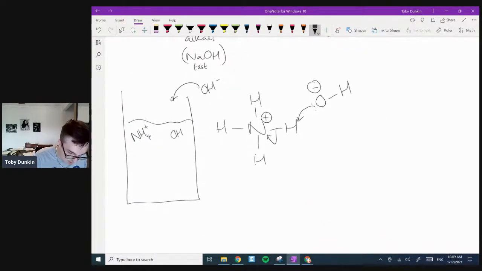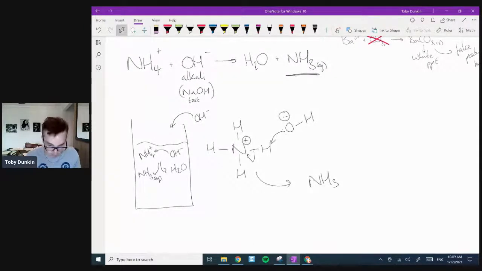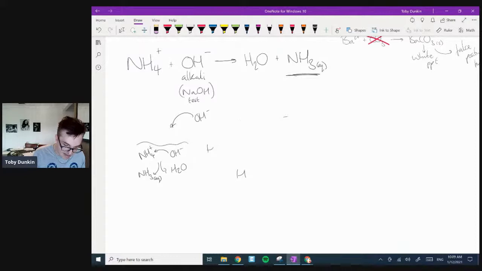So the OH minus ion goes to the H and rips it off, turning into H2O, and this is left as ammonia. Now, the ammonia, of course, is still in the water. It's aqueous. So now we need to get it out of the water. How do you get it out of the water? You warm it. When you heat it up, it'll drive the gas out.